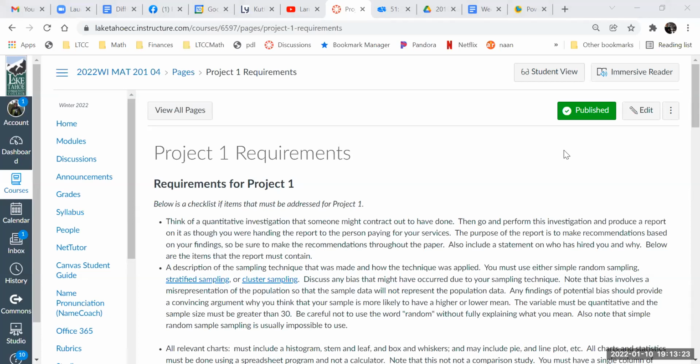You have to think of a quantitative investigation that someone might contact you to have done. I didn't write this out, but it must be a survey of people. So you're going to be doing a survey that's quantitative. What I recommend is coming up with your survey question and then asking your partner.